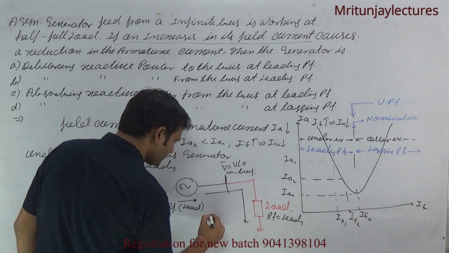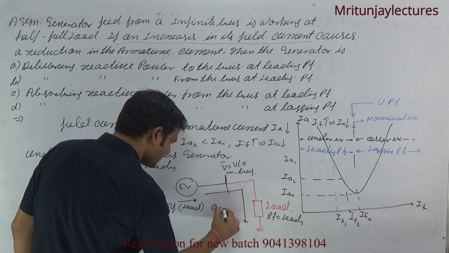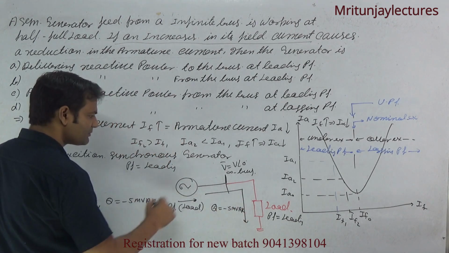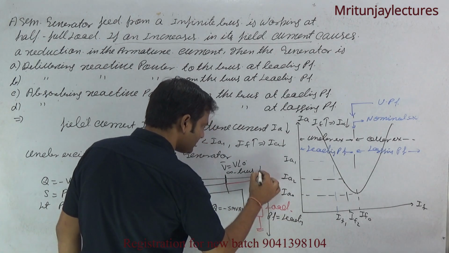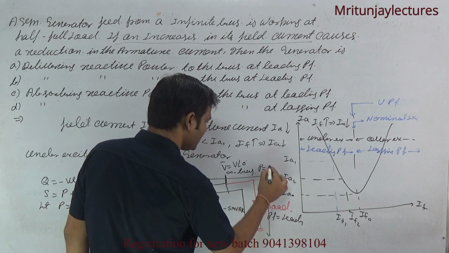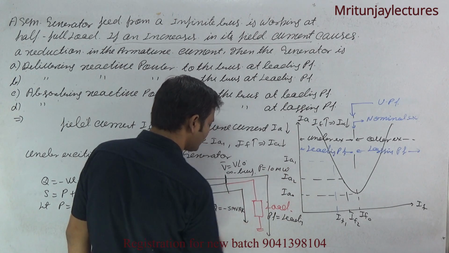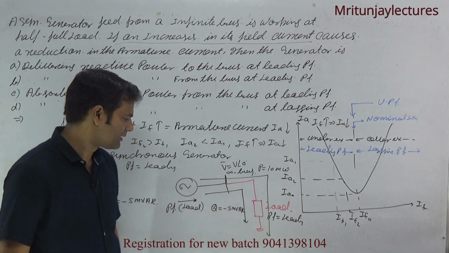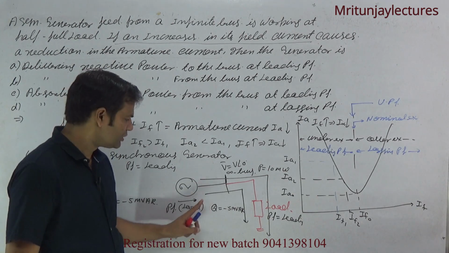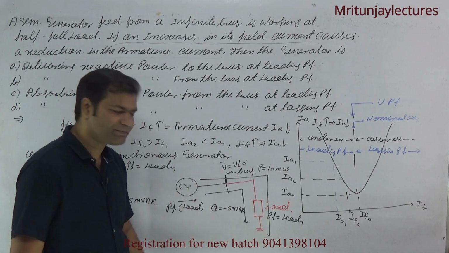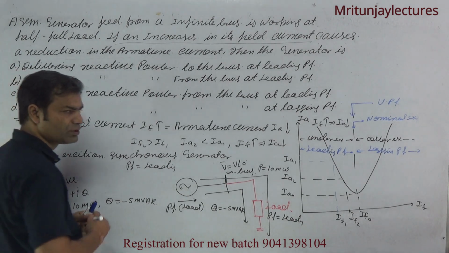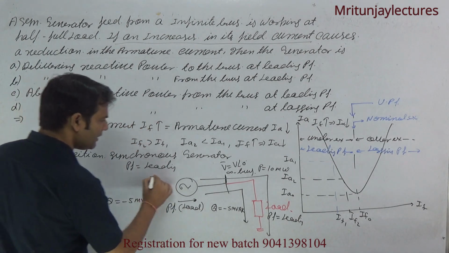Corresponding to P, which is 10 megawatt, power flows from the infinite bus to the load. But Q is minus 5 MVAR, which means the actual direction of Q is reversed.